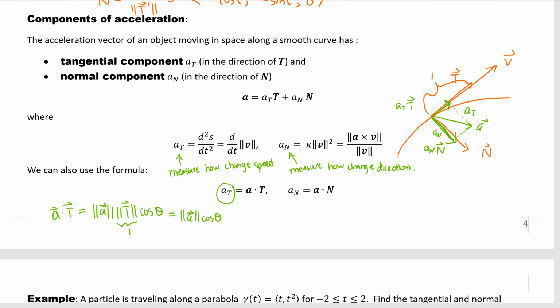And this one is the projection of A onto the principal unit normal vector. Okay, let's continue.